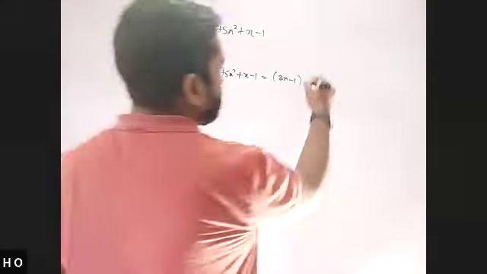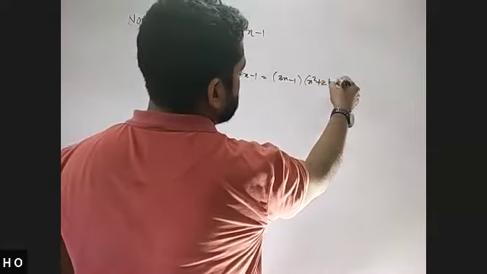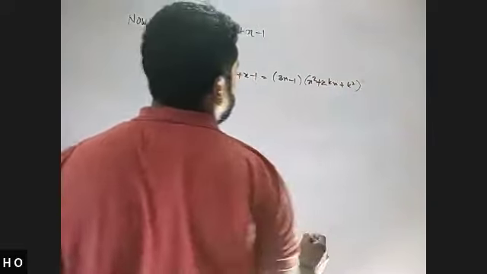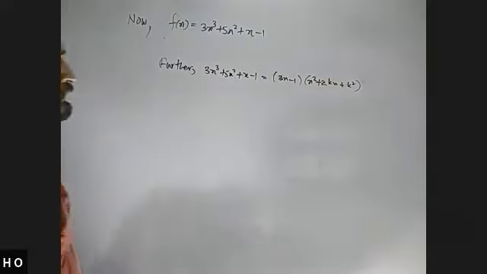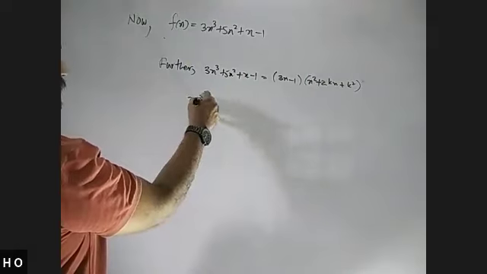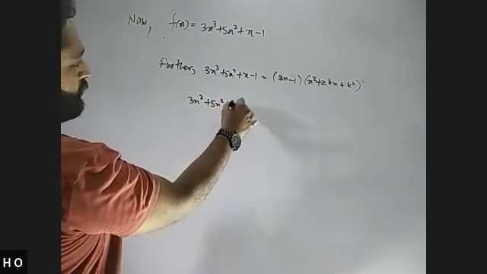(x plus k) squared is x squared plus 2kx plus k squared. Here k is also a constant, a real constant. So we can expand accordingly and compare the coefficients to find k.